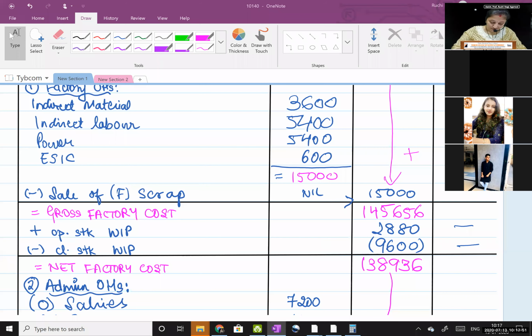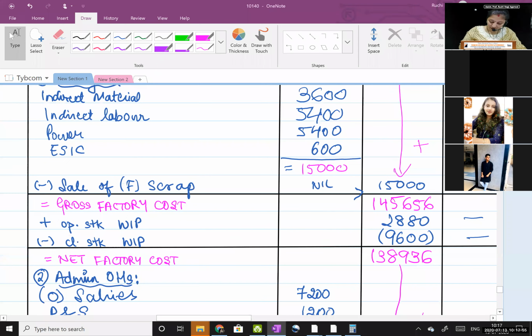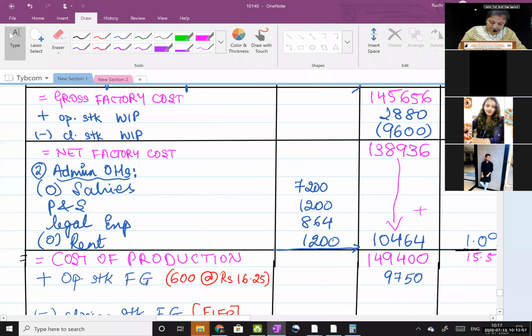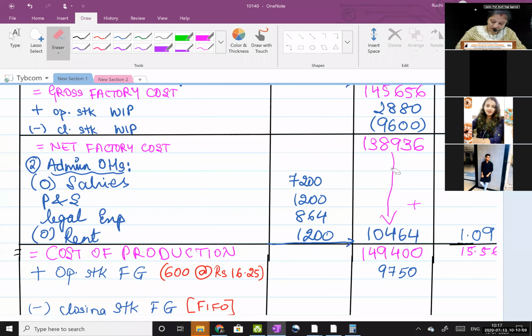Next, admin overheads. Okay, so these are my admin overheads. How many items are there? 4. Office salaries 7,200. Printing and stationery 1,200. Legal expenses 864. And office rent 1,200.